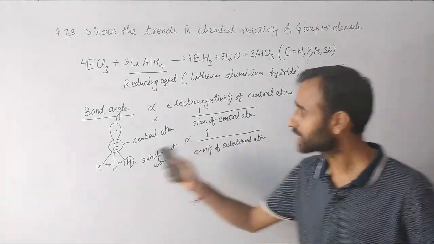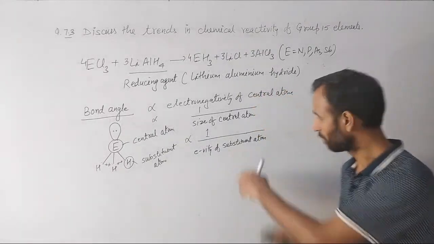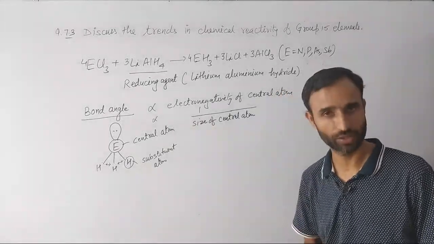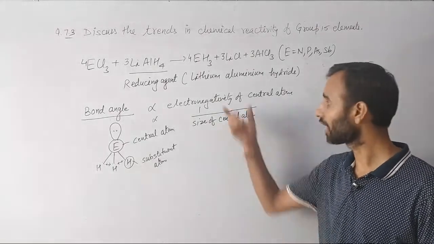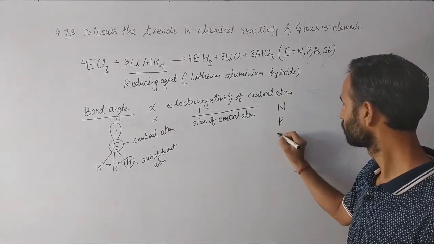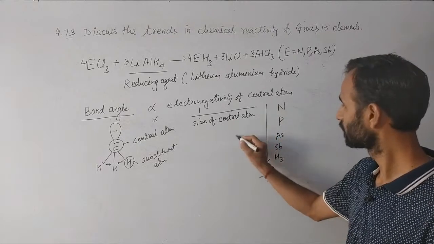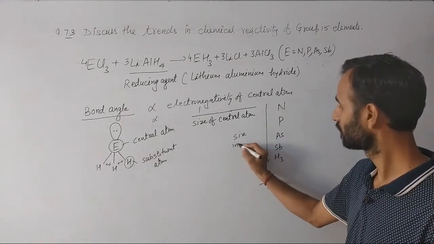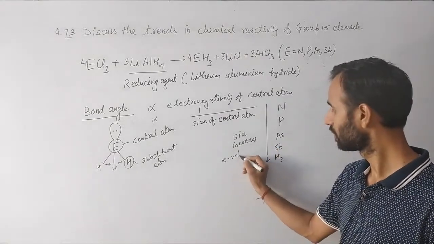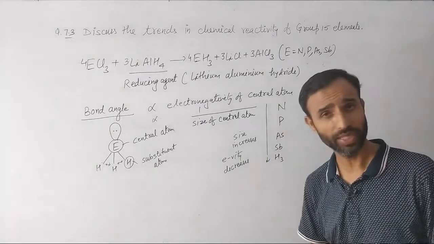Okay, so this is the case. So say in this case, because all are hydrides, so substituent atom remains same. If it remains, we remove it. Now we have only two factors, size and electronegativity. So you know, as we go down the group, size increases, electronegativity decreases.